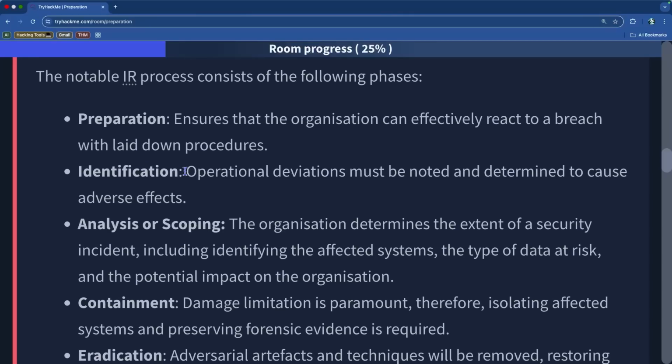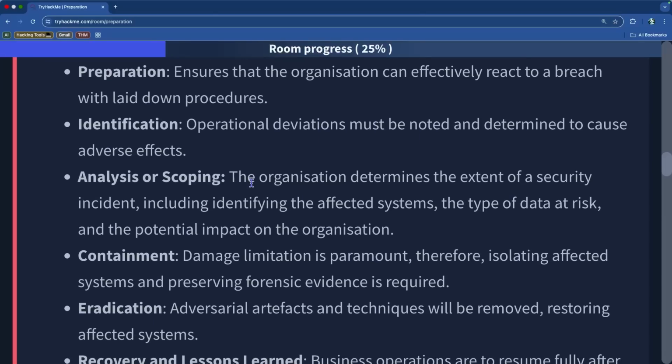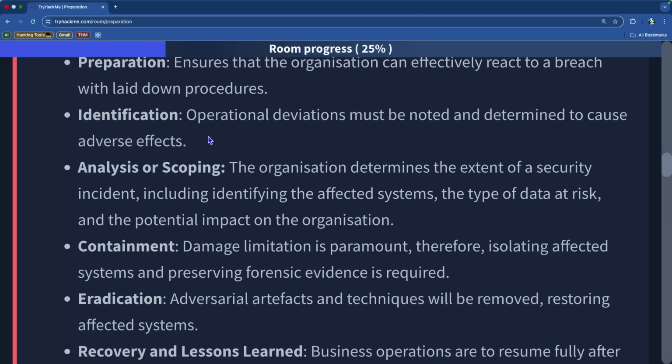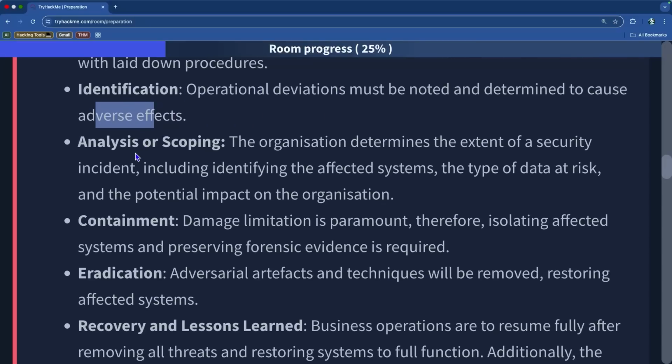So for identification, operational deviations must be noted and determined to cause adverse effects. So you need to figure out what those deviations are that could actually cause those adverse effects.